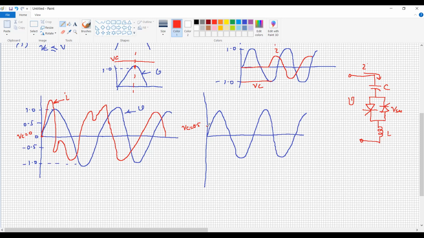The transients are smaller as compared to the previous case, and it will settle very quickly in a smooth manner.